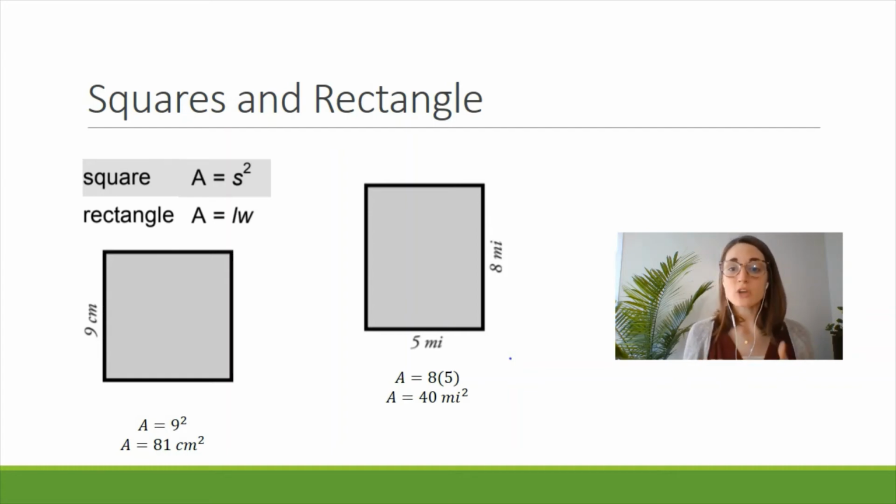To get our total area, we just need to multiply those two sides together. One is the length, one is the width. So 8 times 5 is 40. So we know our area is 40, the unit, miles, and then we always have to add that little extra piece, squared, at the end.